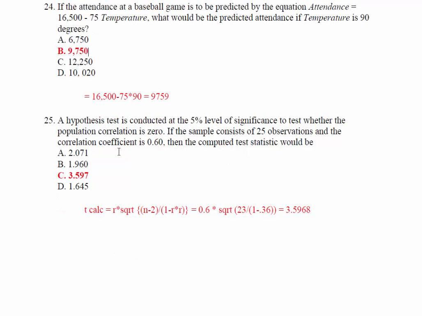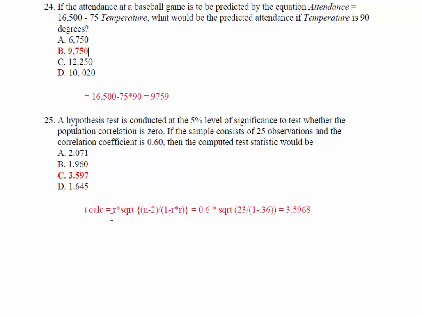Number 25. A hypothesis test is conducted at 5% level of significance to test whether the population correlation is 0. Right? If the sample consists of 25 observations and the correlation coefficient is 0.6, then the computed test statistic would be what? The calculated test statistic equals r times the square root of n minus 2 over 1 minus r squared.